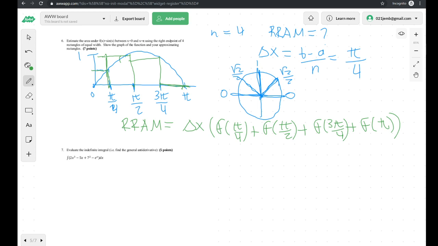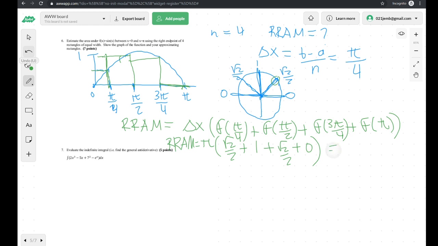If f is sine of x, and given that delta x is pi over 4, then the RAM, the right endpoint approximation for the Riemann sum, is going to be pi over 4 times f of pi over 4, which is root 2 over 2, plus f of pi over 2, which is 1, plus f of 3 pi over 4, which is root 2 over 2 again, and then 0.